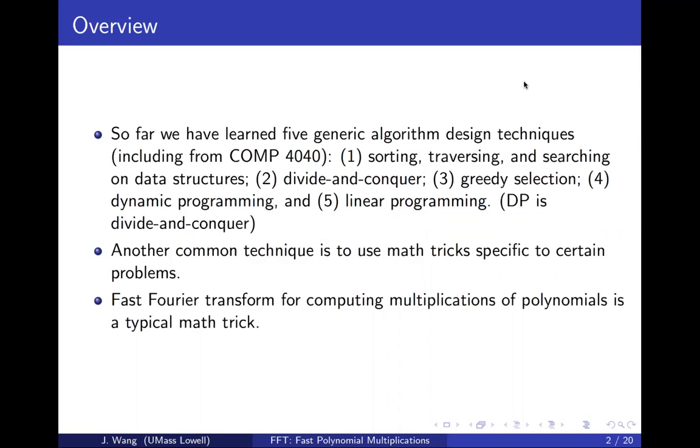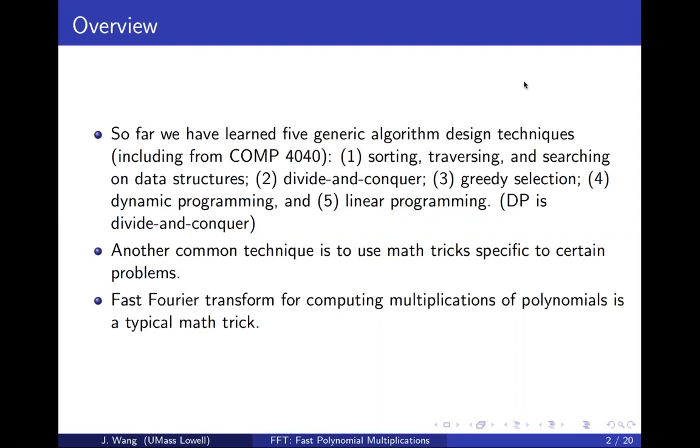So these 5 generic algorithm design techniques are: number 1, sorting, traversing, and searching on data structures. Okay, so we learned stacks, queues, binary trees. So those are data structures. And the second technique is divide and conquer.